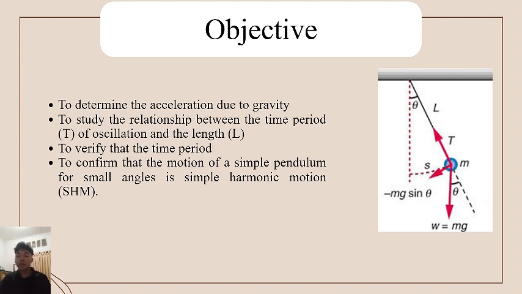Number 2 is to study the relationship between the time period of oscillation and the length of the pendulum. Number 3 is to verify that the time period of a simple pendulum is independent of the mass and amplitude. And the last is to confirm that the motion of a simple pendulum for small angles is simple harmonic motion.